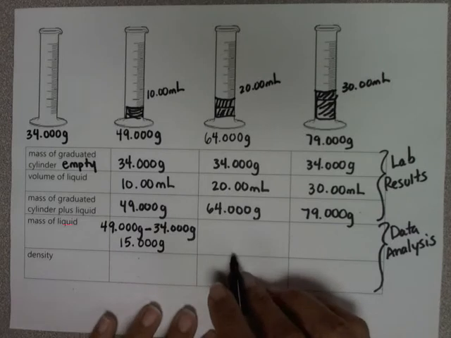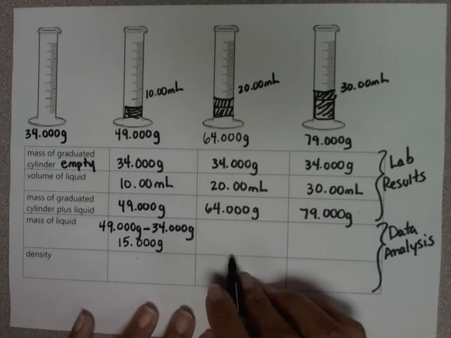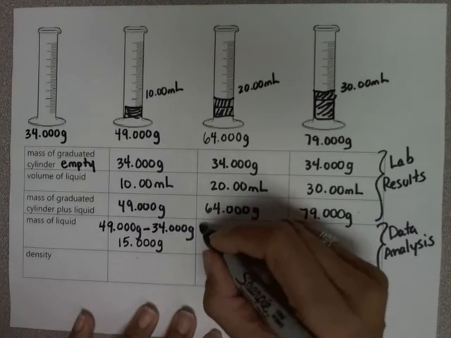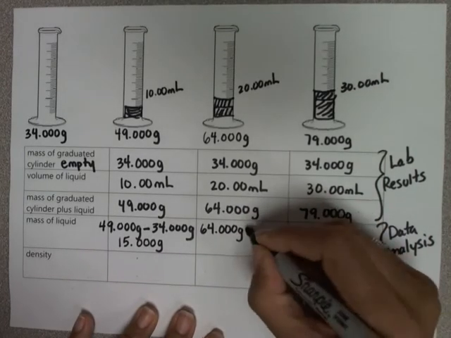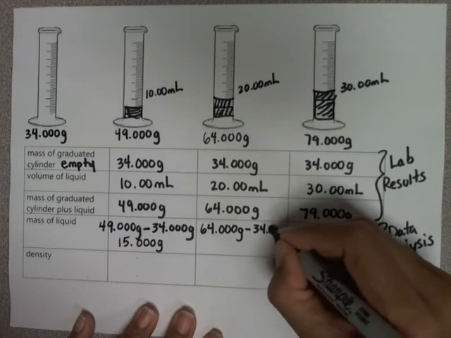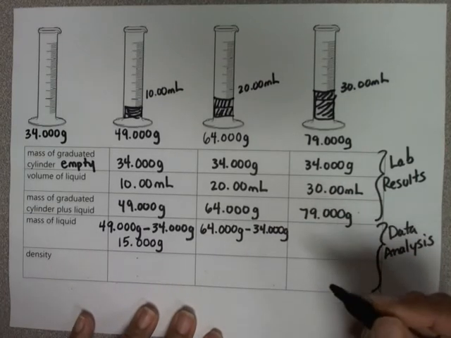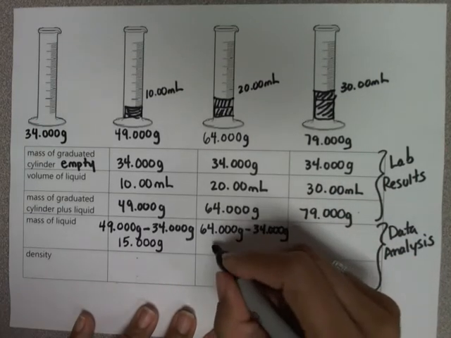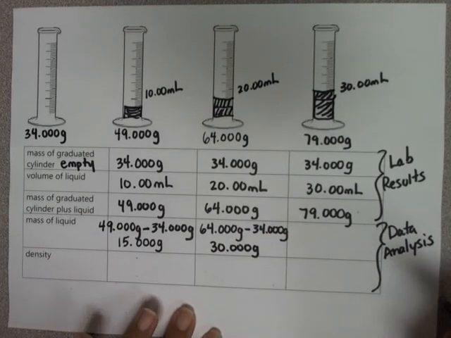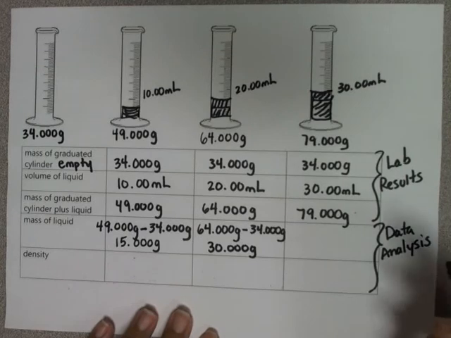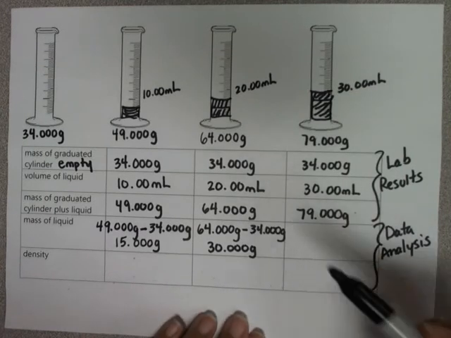All right, I do the same for 20 milliliters of liquid. The mass with the graduated cylinder is 64 grams. I subtract the empty graduated cylinder, and I get 30 grams, and that's the mass of 20 milliliters of liquid.